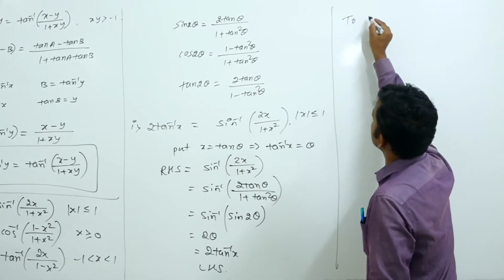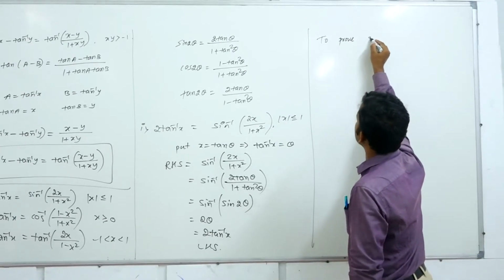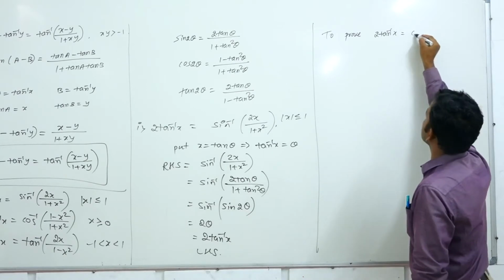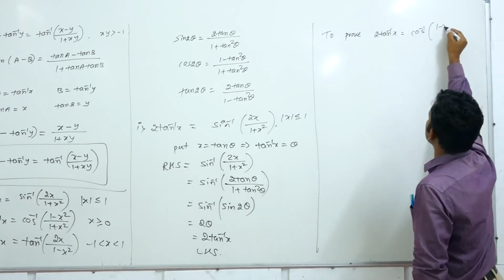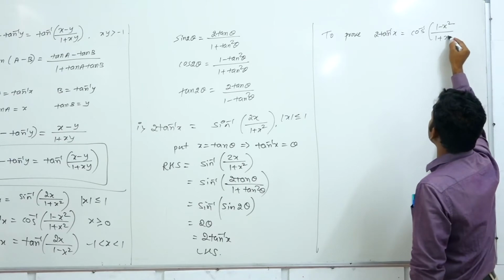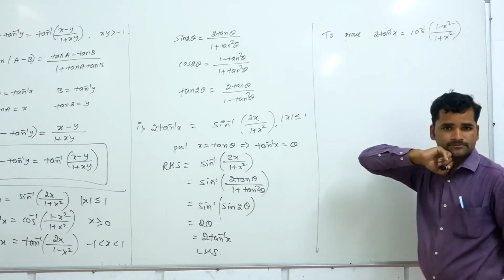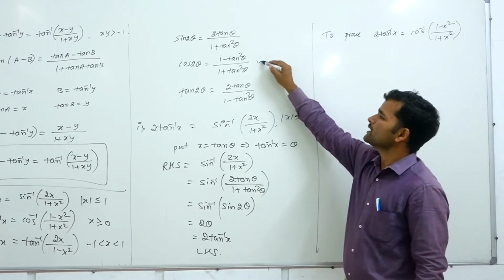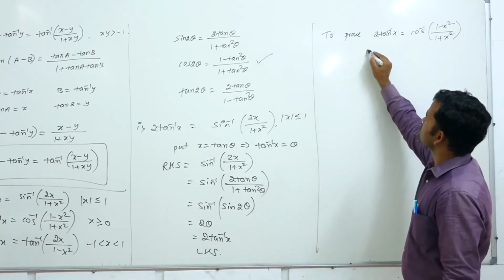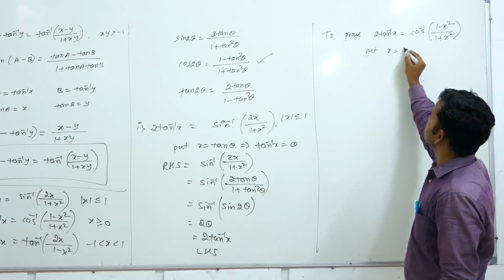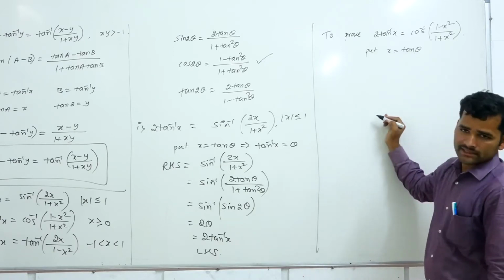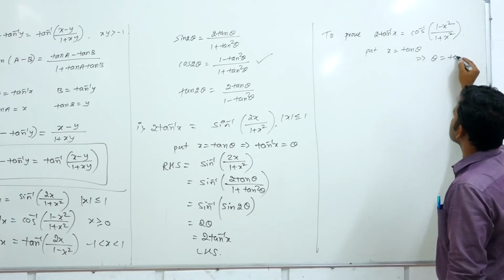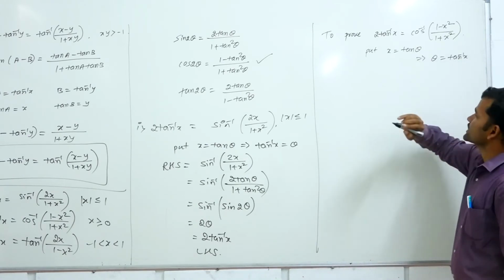To prove this, same way here also we will use the second formula, and again substitution will be same. Substitute x is equal to tan theta. This implies theta is equal to tan inverse of x.